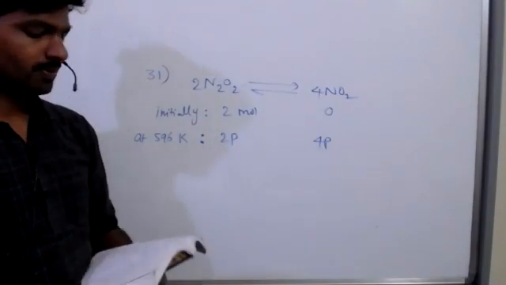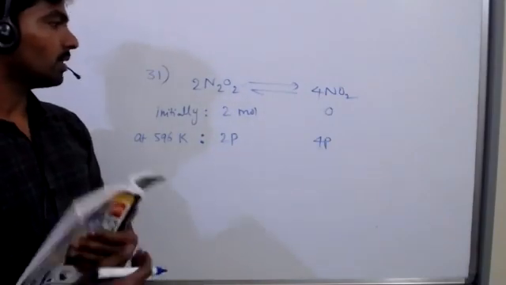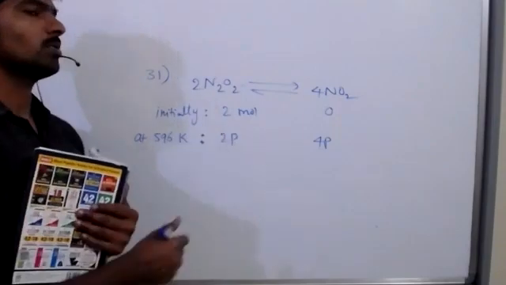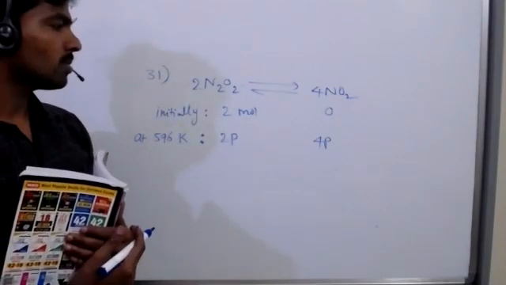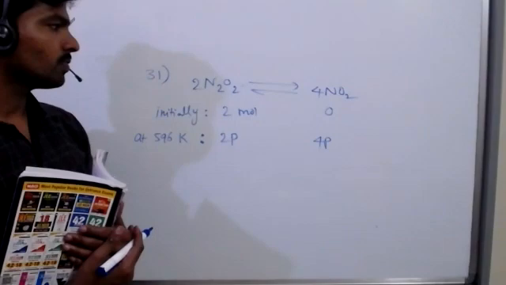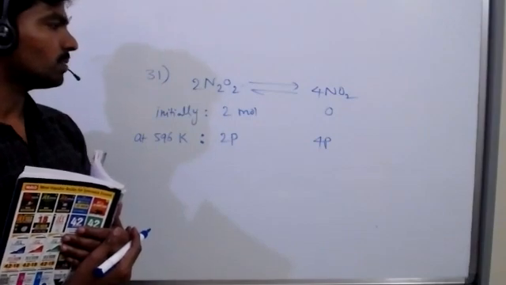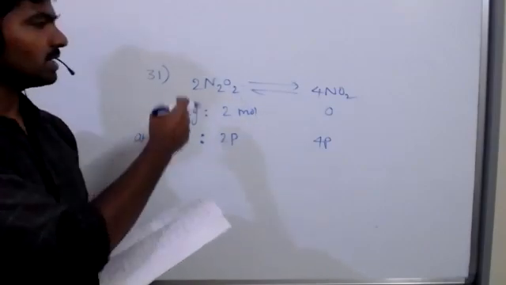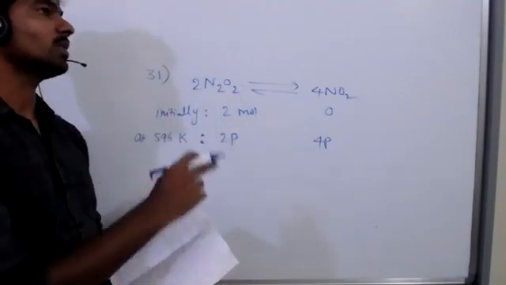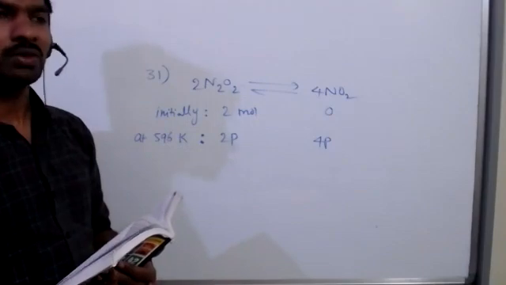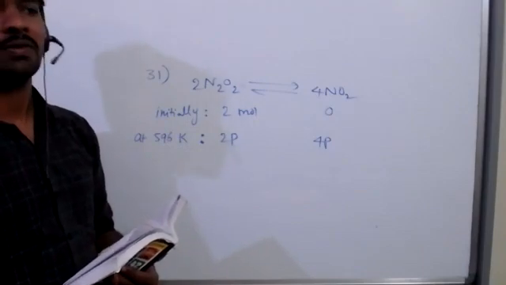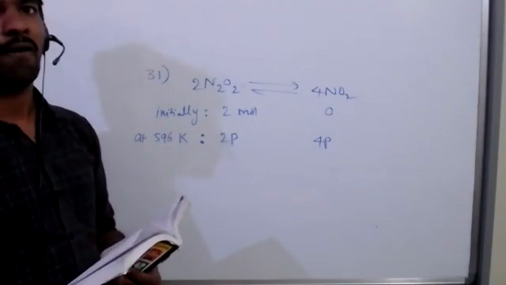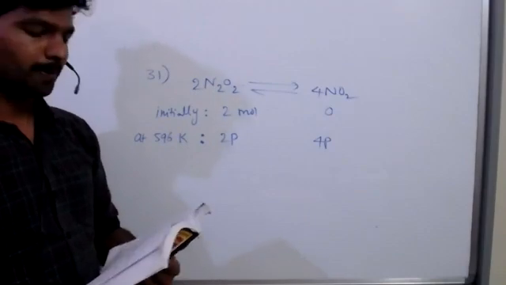Sir, why can't we consider P and 2P? Because there are 2 moles, that's why we are considering 2P. Sir, but we can cancel on both sides, right? This is P that is there. Later we will face a problem. This is a balanced equation, but according to the question, we are taking 2 moles of N2O4, that's why we consider 2P only.